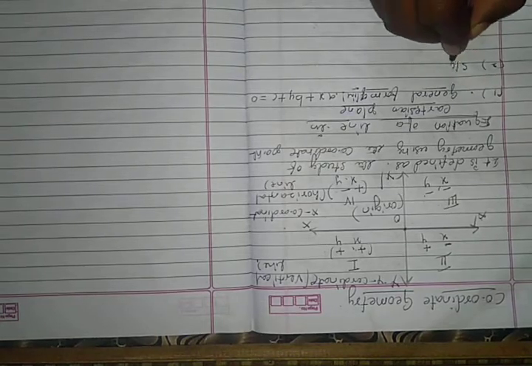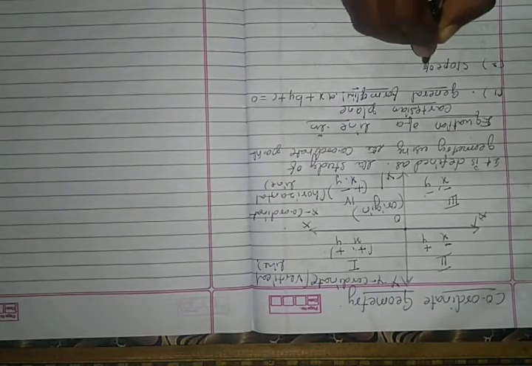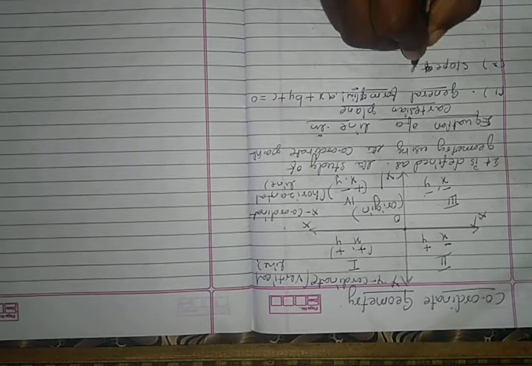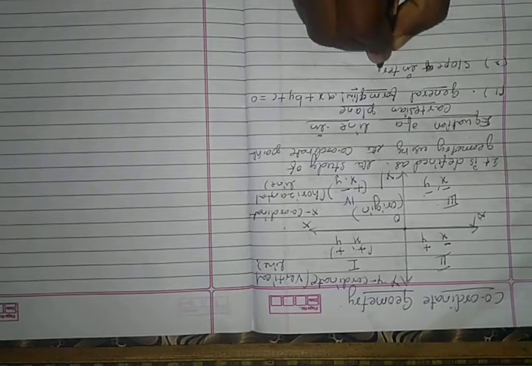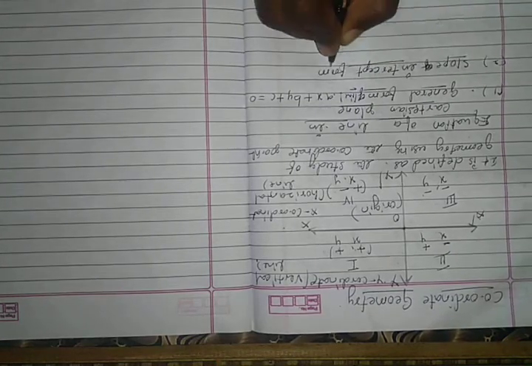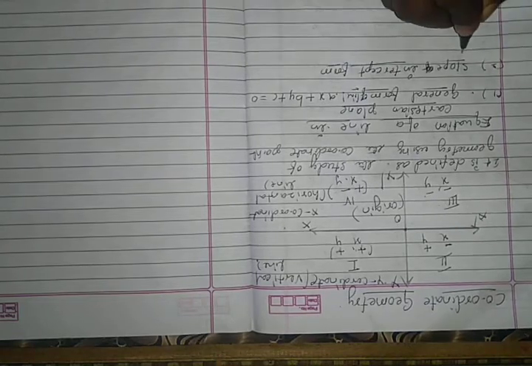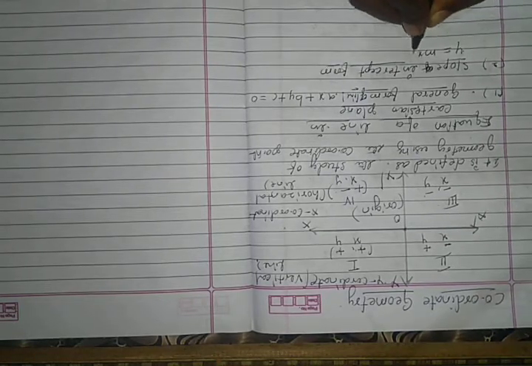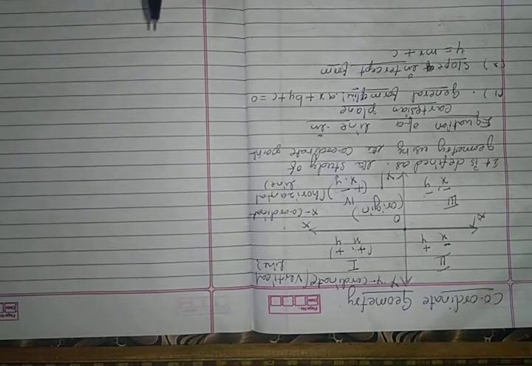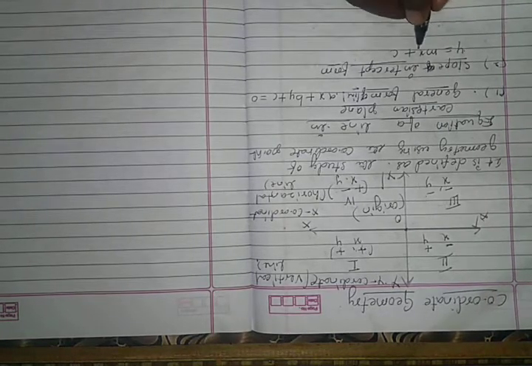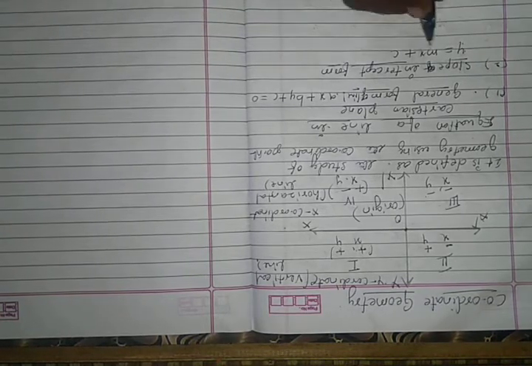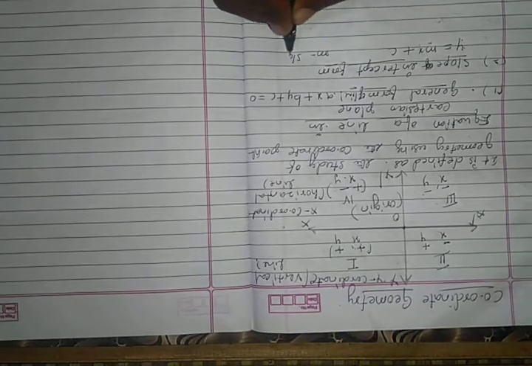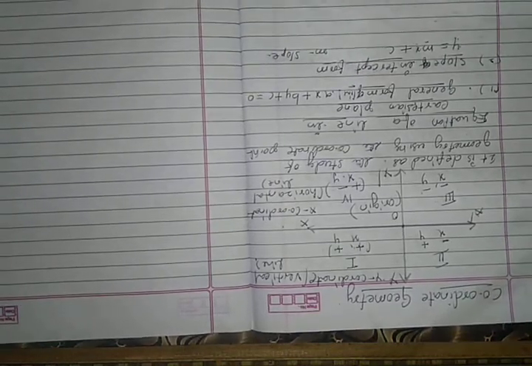Second, in the Cartesian plane, the slope intercept form. The slope intercept form is y is equal to mx plus c. Here x and y are the coordinate points through which the line passes, m is the slope, and c is a constant.